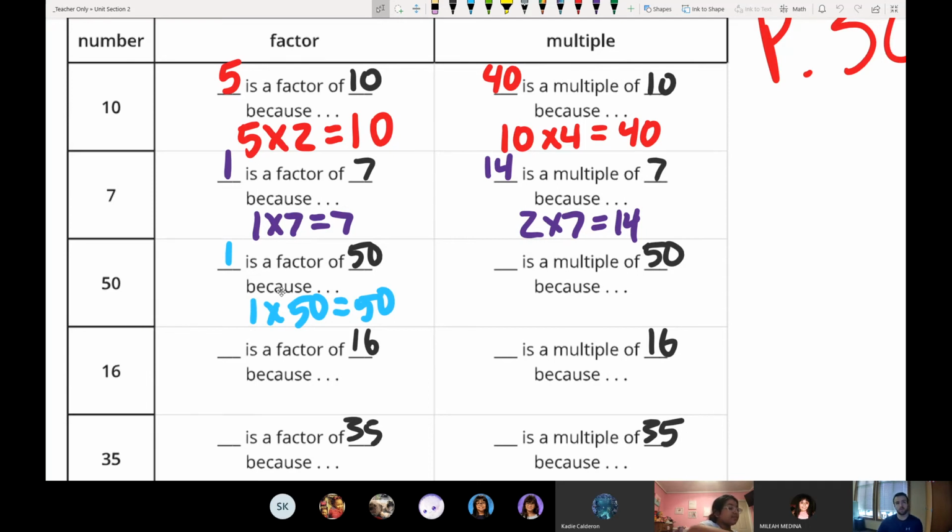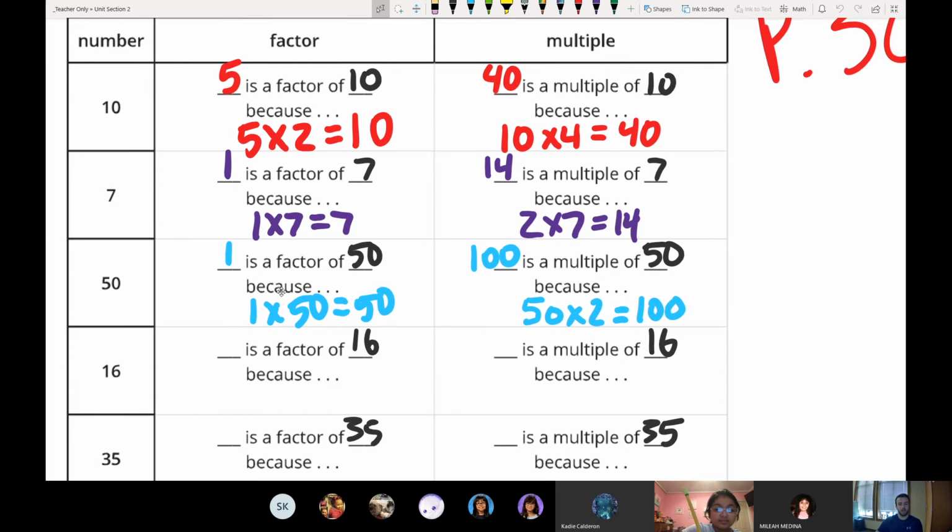What about a multiple of 50, Camila? Do you want to give us a multiple of 50? 100? Yeah. 100 is a multiple of 50 because 50 times 2? Yep, 50 times 2 equals 100.